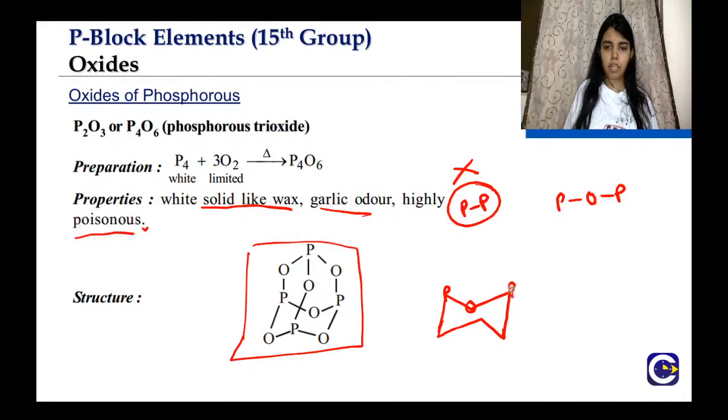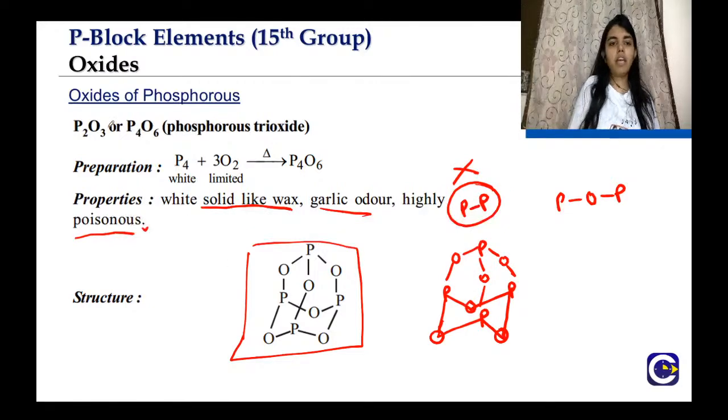So this will be oxygen, phosphorus, oxygen, then here phosphorus, then again you will connect it with oxygen, and this you will connect with oxygen. So this is the basic structure of P4O6: 1, 2, 3, 4 phosphorus, and 1, 2, 3, 4, 5, 6 oxygen. So 4 phosphorus and 6 oxygen.